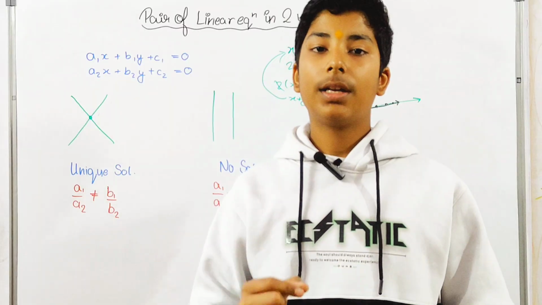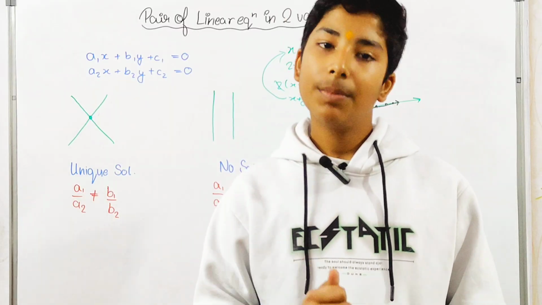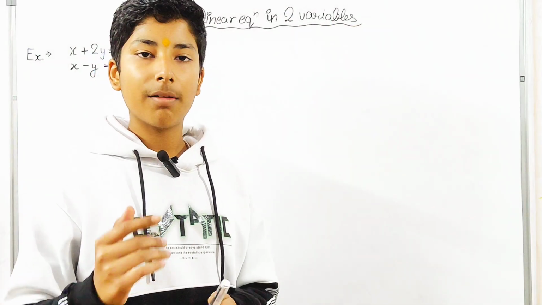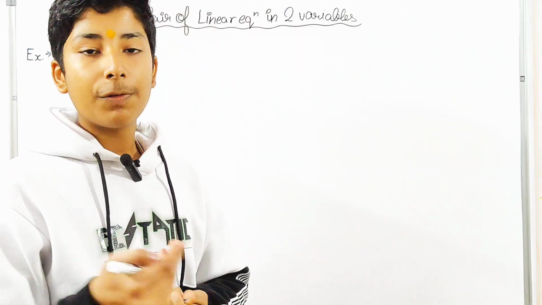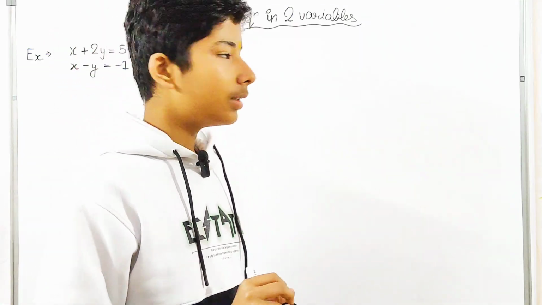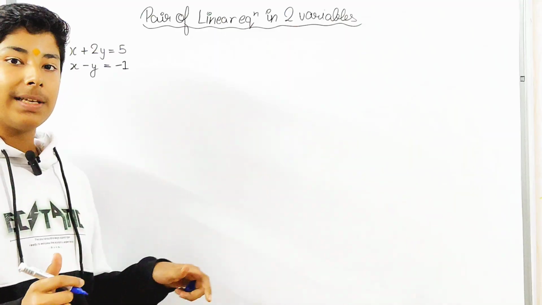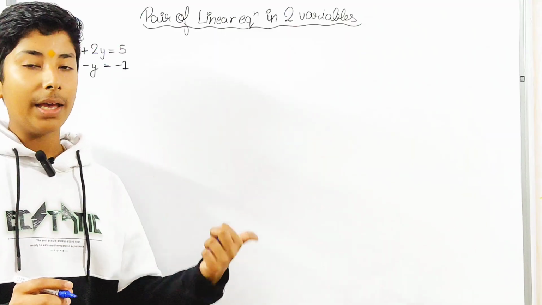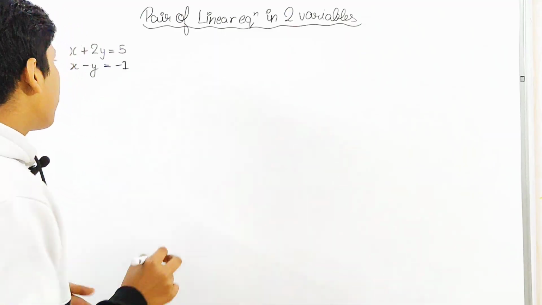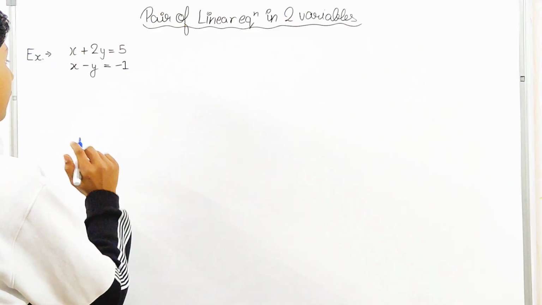That means we will understand the three algebraic methods. To do this, I have brought an example for you. First is the substitution method. In the substitution method, what do we do? Firstly, we take the value of either x or y. Here we will see the easiest one.